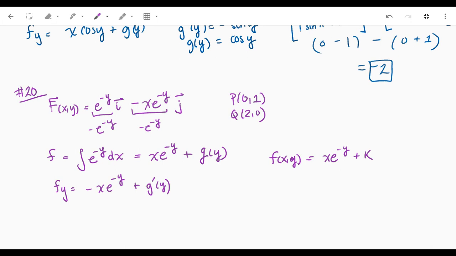Okay, evaluate it. We want to do f of (2, 0) minus f of (0, 1). So we're going to have 2e to the negative 0 minus 0e to the negative 1. So it looks to me like we get 2 there.